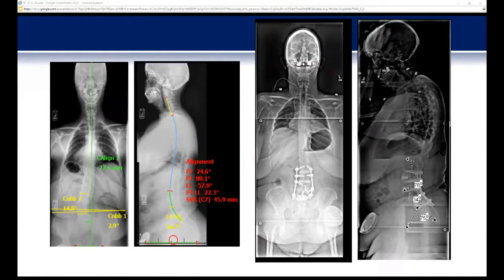But looking at the rates of PJK in MIS, where there's no violation, it's interesting that there's no improvement. So I wondered what people's thoughts were. Certainly overcorrection of sagittal plane parameters in elderly people has been discussed, but I wondered what your thoughts were on that specific aspect. Can you criticize the study?